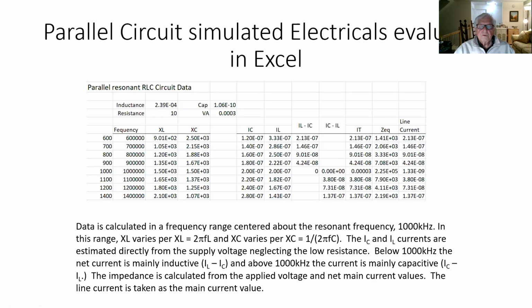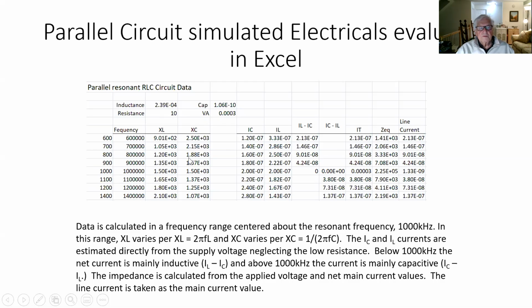So let's create our spreadsheet again like we did before. We'll look at the frequency range as shown here. We'll evaluate the inductive reactance and the capacitive reactance depending on the frequency and what the resistor value is.